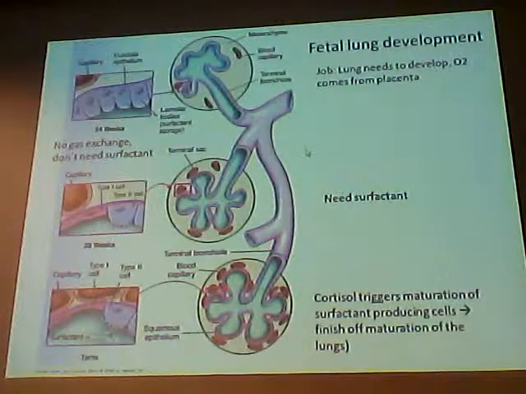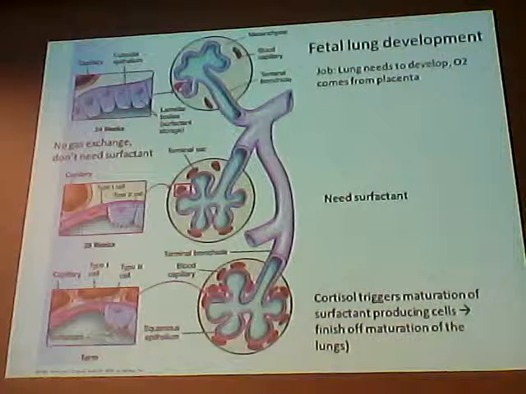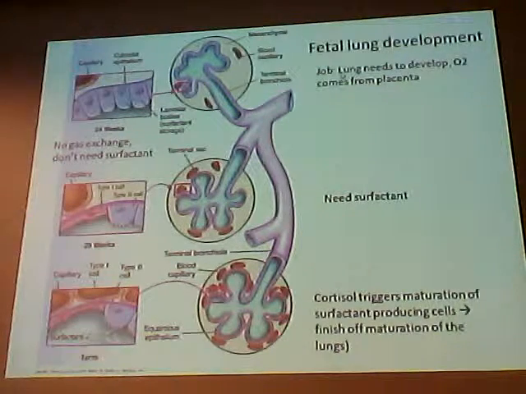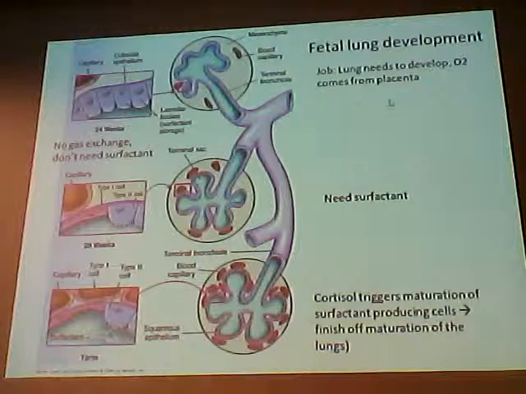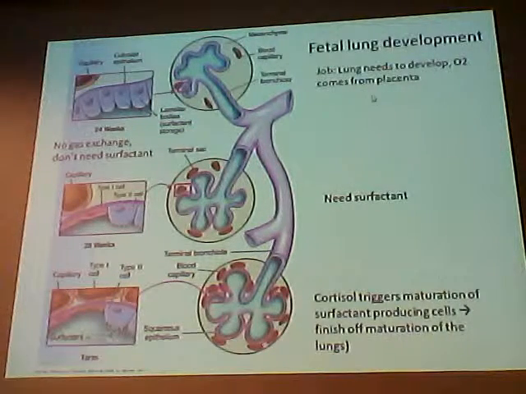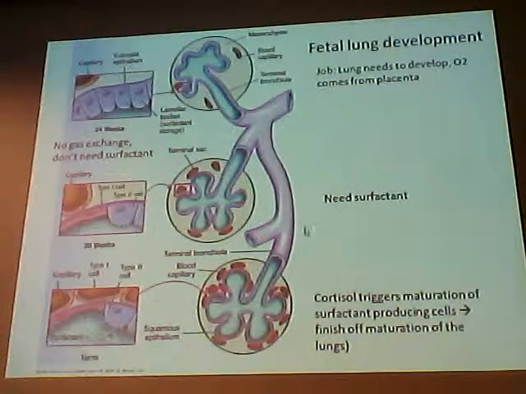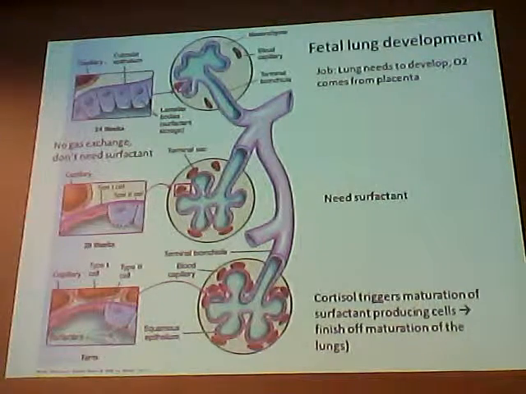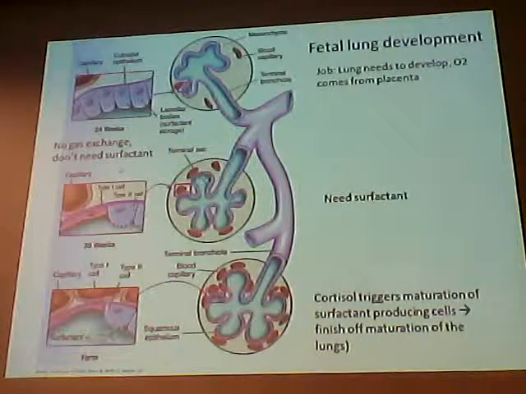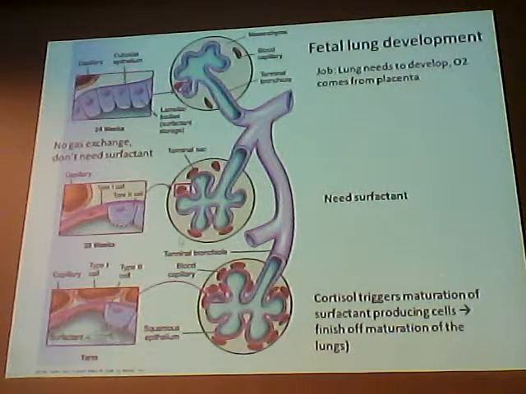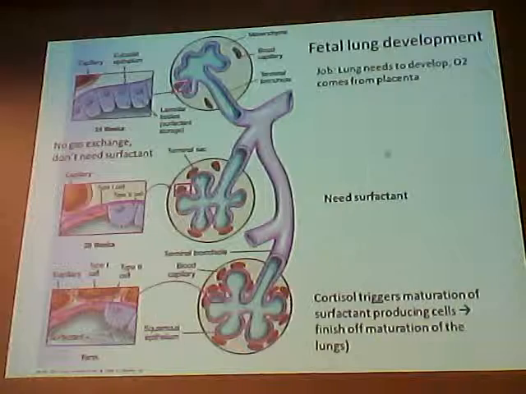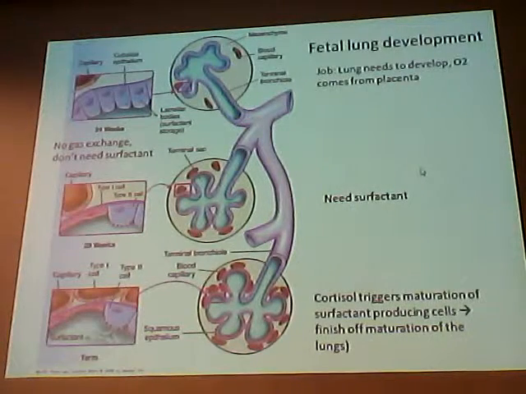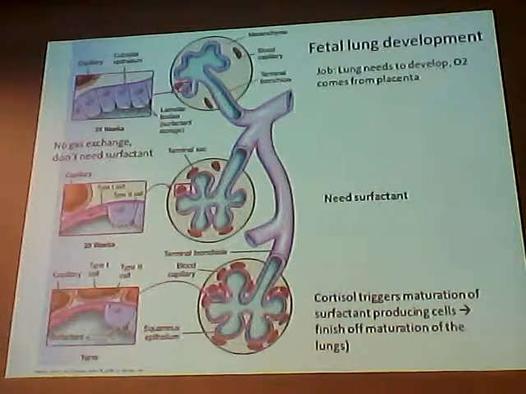So in fetal lungs, the lungs have to develop properly, and oxygen comes from the placenta. After about 24 to 28 weeks, you start to need surfactant, and the surfactant will help the lungs start to open up and work properly.